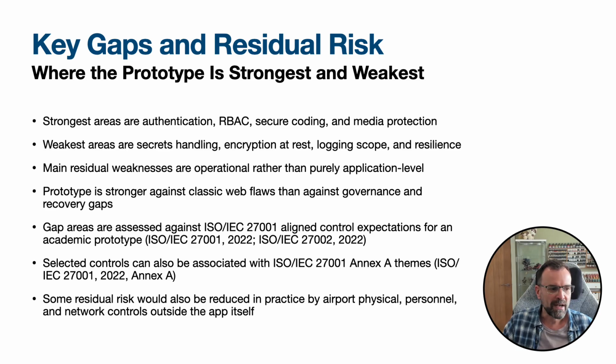The weaker parts are mainly the operational controls and also things like secrets handling, limited logging, and fairly weak resilience. I've framed all those gap areas using an ISO 27001 approach, using relevant Annex A control themes.